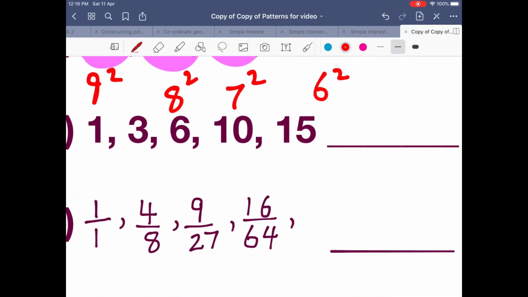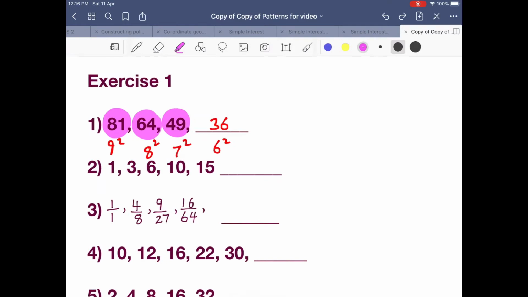Next, we have a pattern that we have not yet discussed. So we have 1, 3, 6, 10, 15. This pattern is triangular numbers. So let me quickly illustrate here.